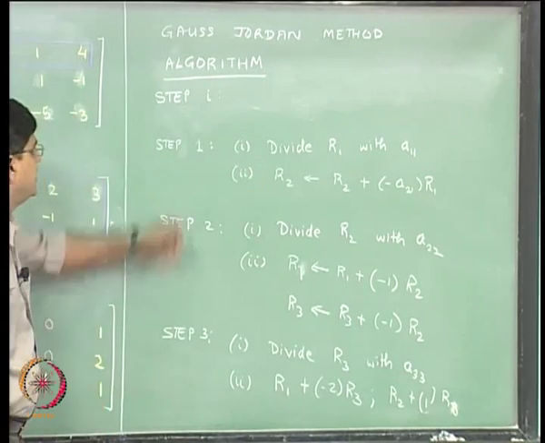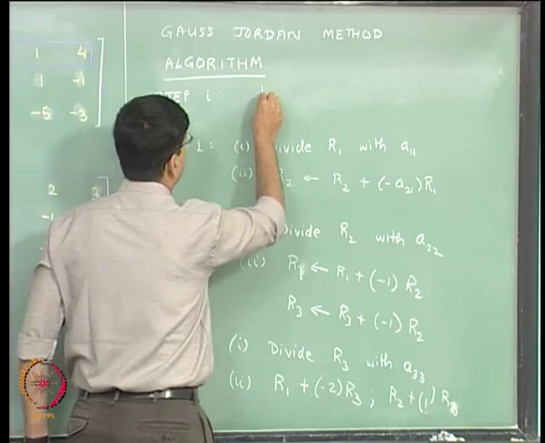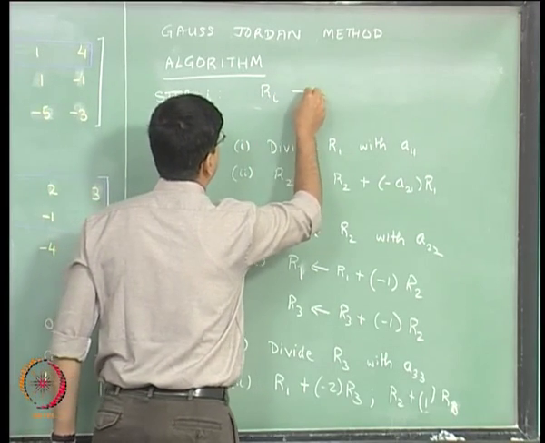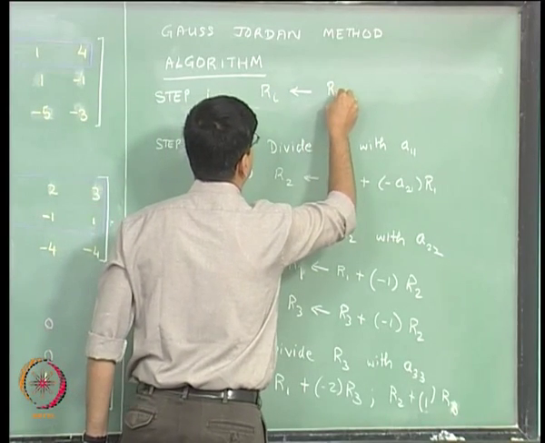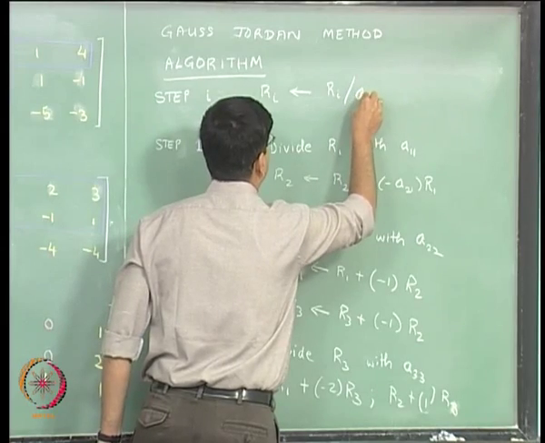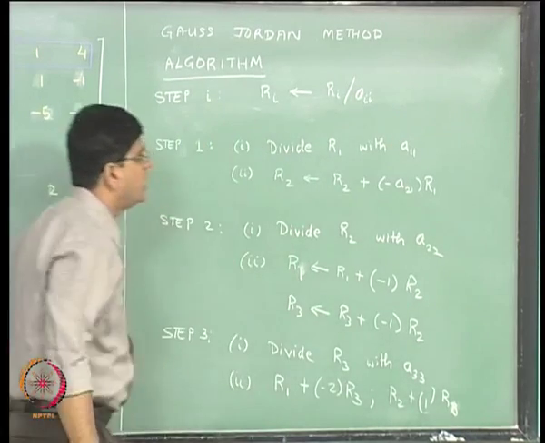And in the ith step we have Ri is nothing but Ri divided by Aii.